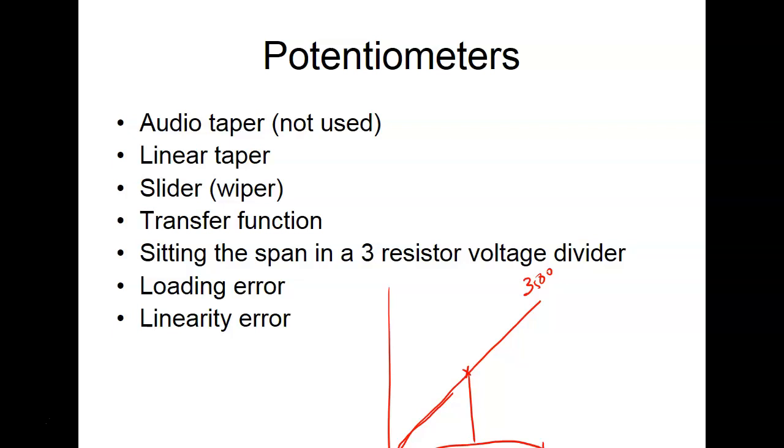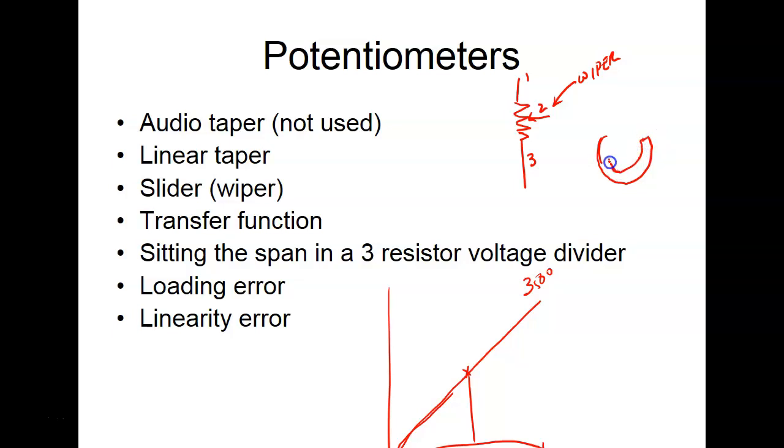A potentiometer is made up of three leads, always three leads. We number them 1, 2, and 3, and we refer to the middle one as the wiper. If you take a pot apart, you can usually see a carbon film that goes around it, like this.